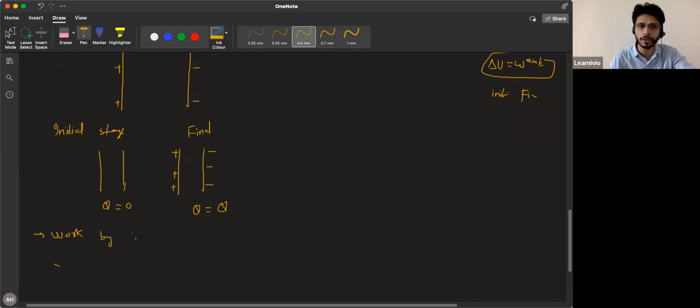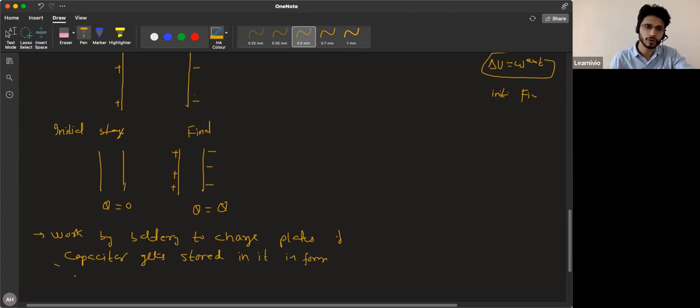We will calculate work done by battery to charge plates of capacitor, which gets stored in it in the form of potential energy. This work done gets stored in the form of potential energy.